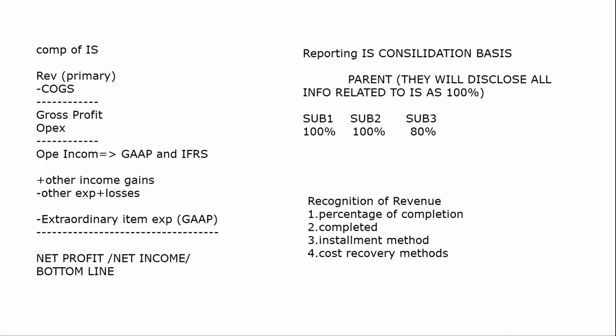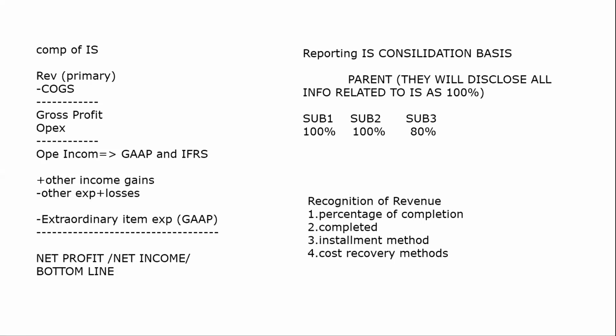Here's a solution. What we're doing here, as you can see, guys, is the income statement, how it's derived, how the revenue is calculated. Firstly, they calculate the percentage of cost incurred in the first year. 400 divided by 800 means 50% of the total cost was incurred in the first year.